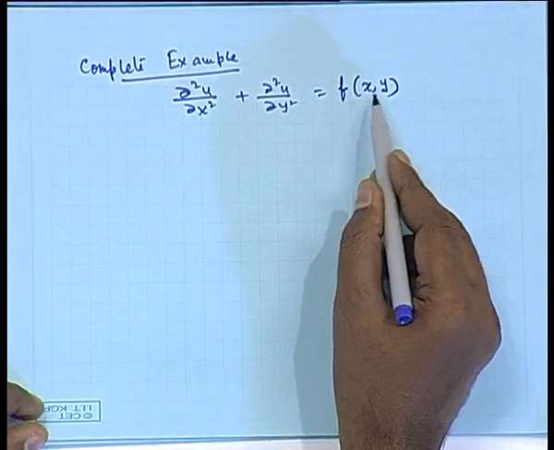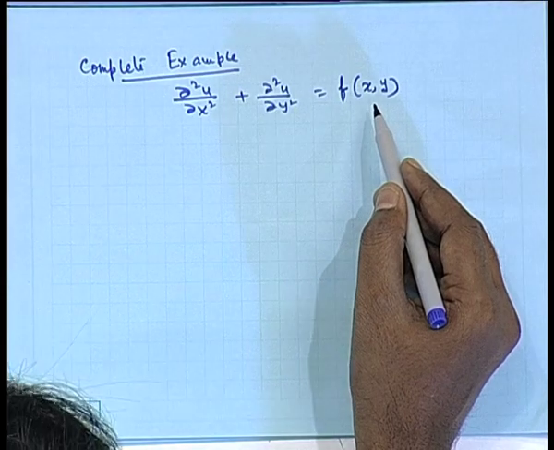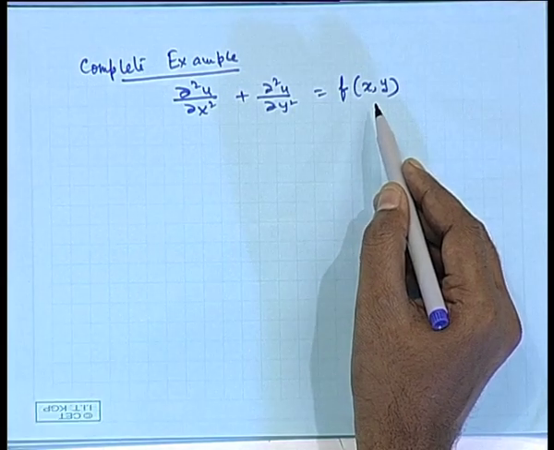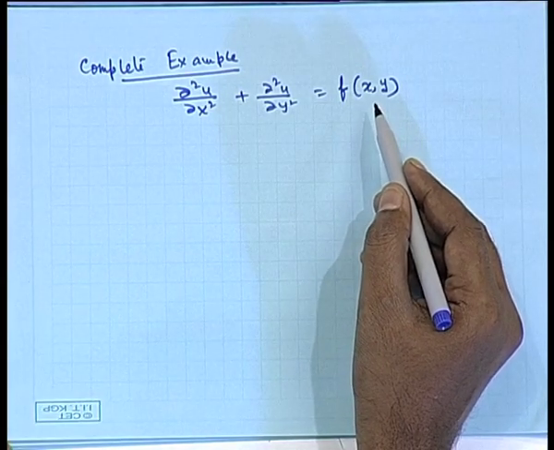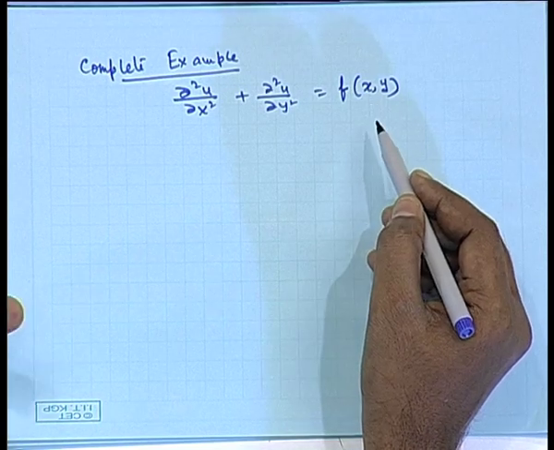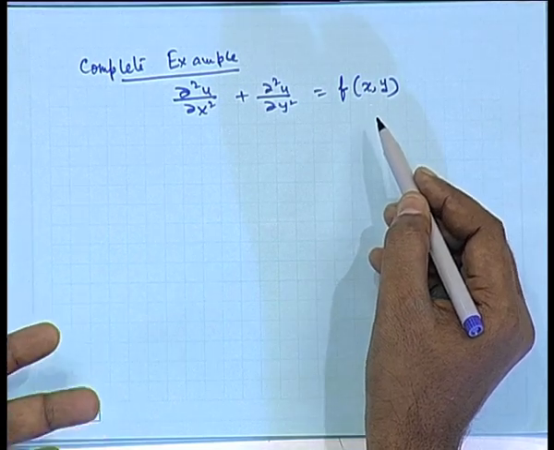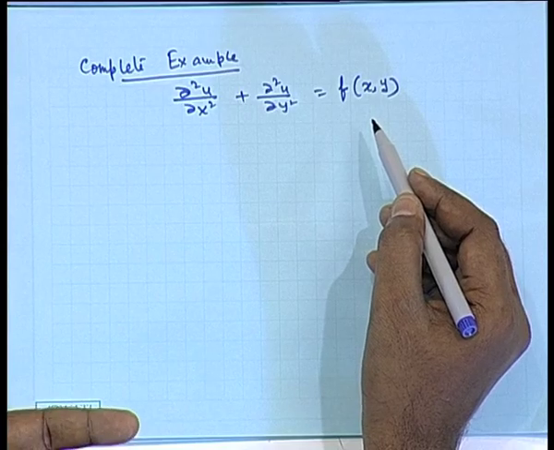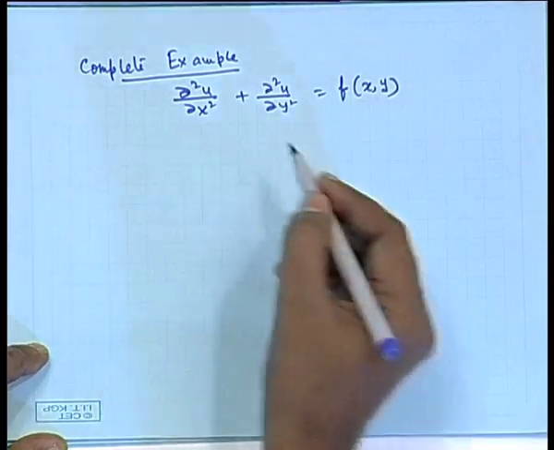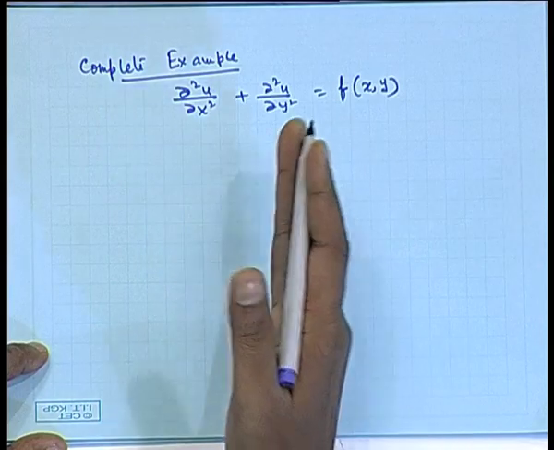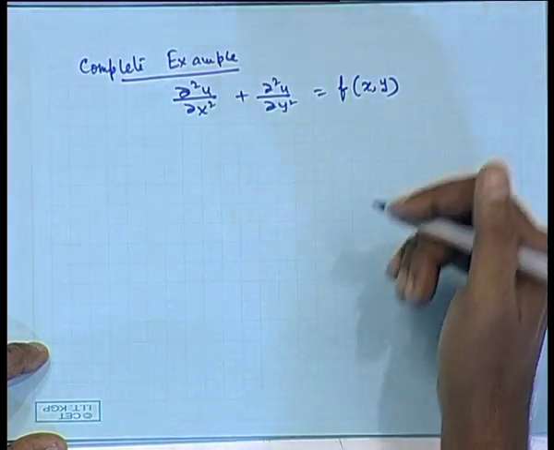This non-homogeneity can be a function of x alone, of y alone, of x and y both, or a constant. Either way, the functional form is explicitly known. Now, we have 4 boundaries located at x equal to 0 and x equal to 1, y equal to 0 and y equal to 1.